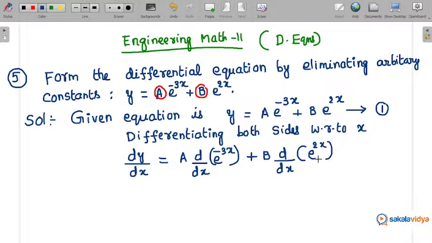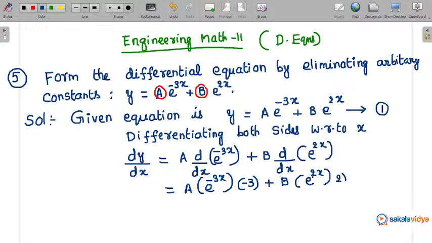So, what is the derivative of e power minus 3x? a times e power minus 3x, times derivative of minus 3x, which is minus 3, plus b times e power 2x, again 2x differentiation is 2.